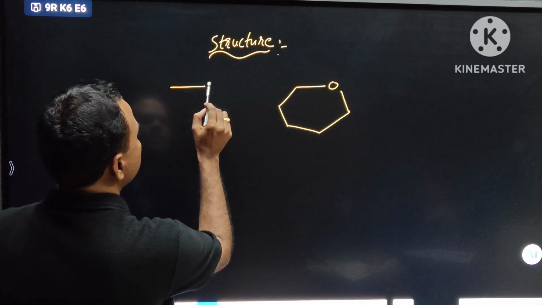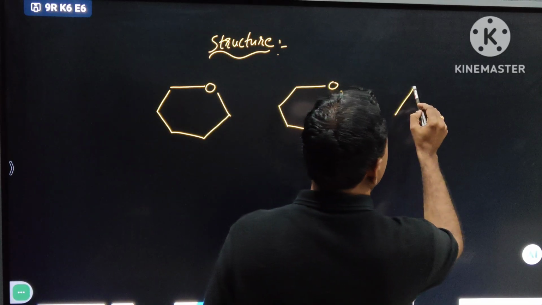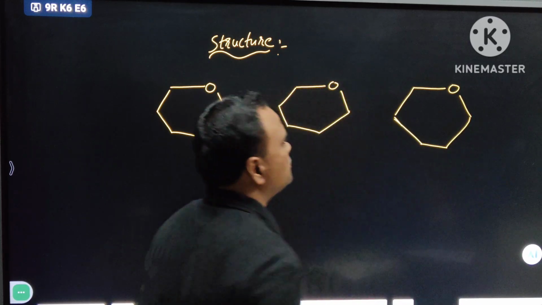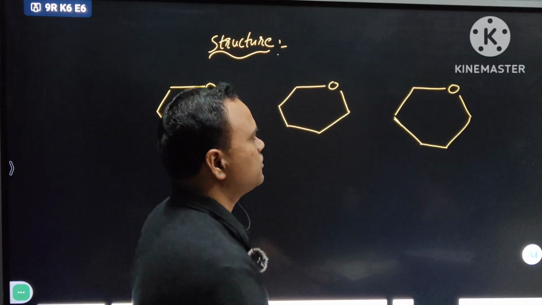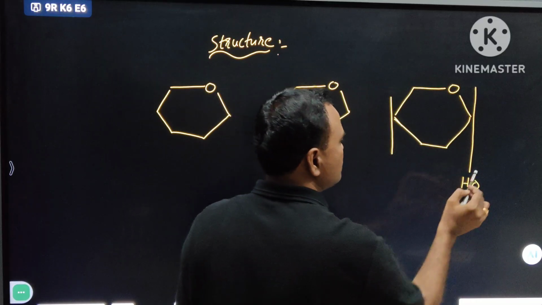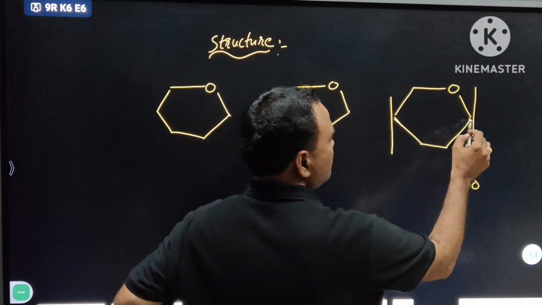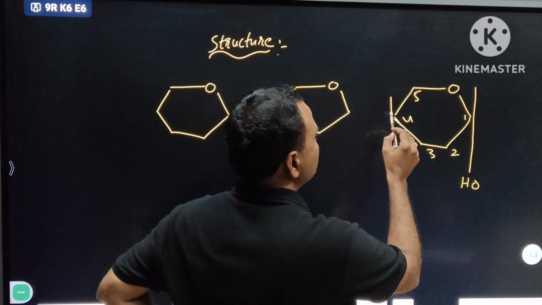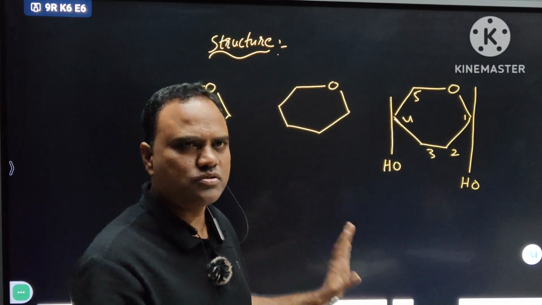Draw 3 rings like this, all of you, for practice. We know the pyranose structure, alpha means OH is below the plane at the first carbon. 1 2 3 4 5. Just draw the rings only.